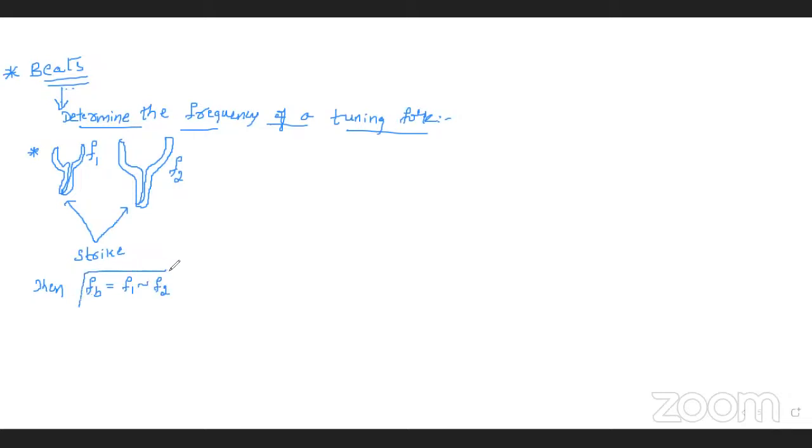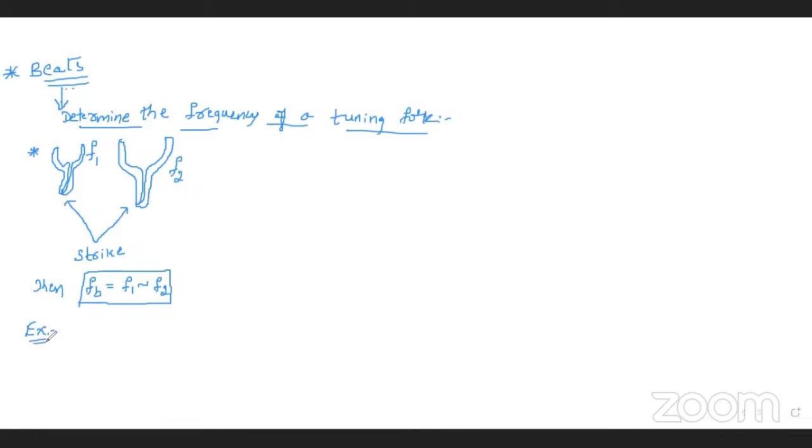Beat frequency is always equal to F1 minus F2 or F2 minus F1.